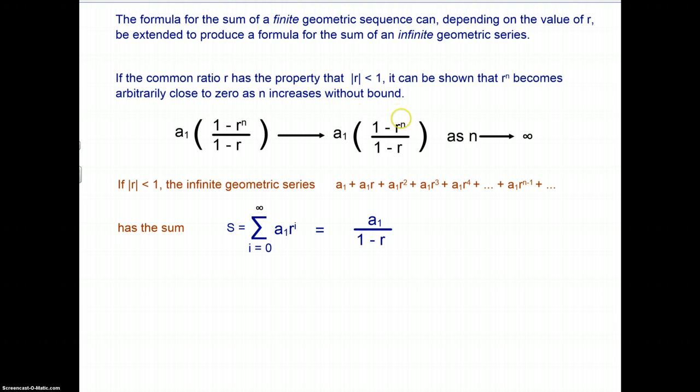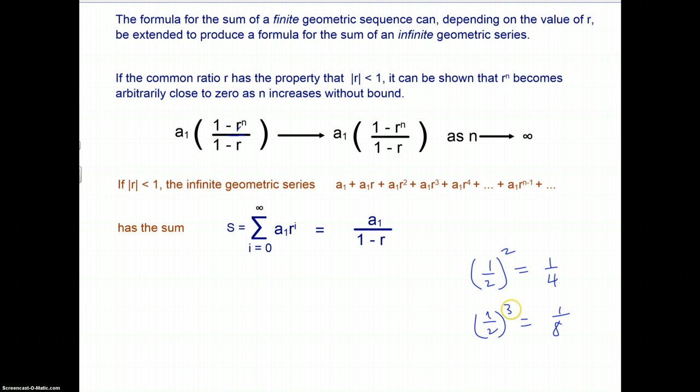And if R is less than 1, if we take this formula, this becomes some fraction R. Let's say R is a half. And if we raise a half to a power, what happens? Well, that's equal to 1/4. If we take 1/2 to the third, that's equal to 1/8. And as this power gets bigger, this number is getting smaller.